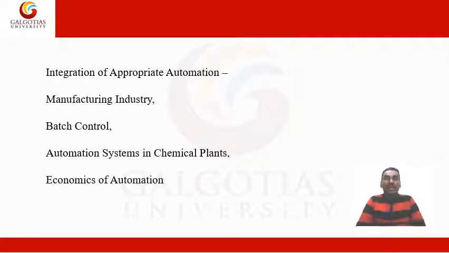The integration of appropriate automation focuses on fields such as the manufacturing industry, batch control, automation systems in different chemical plants, and the economics of automation. It plays a major and vital role in all these areas.